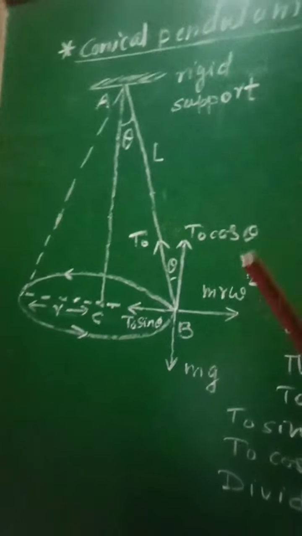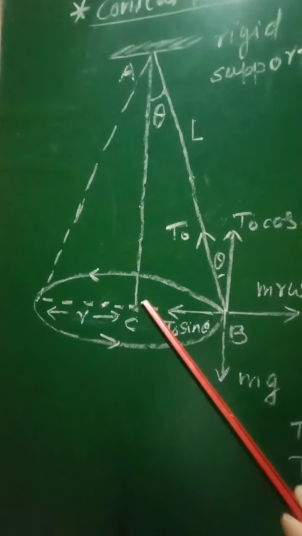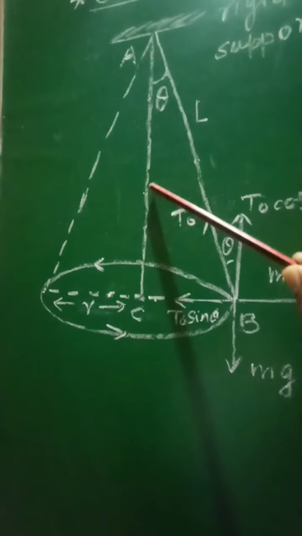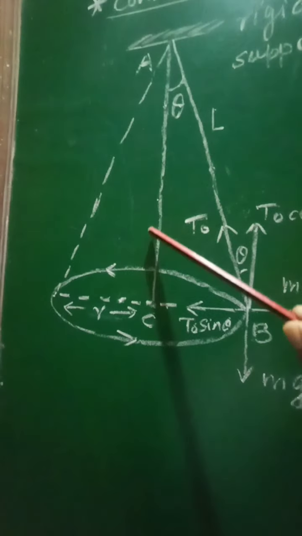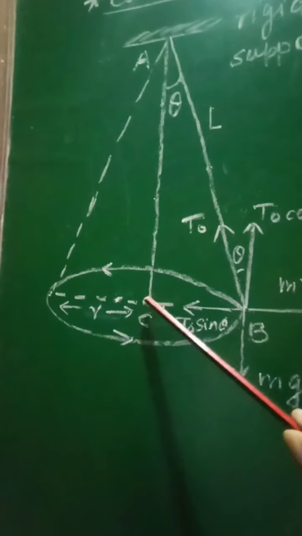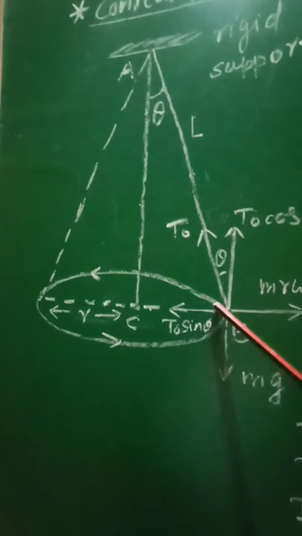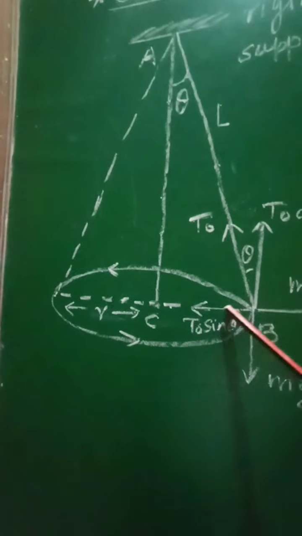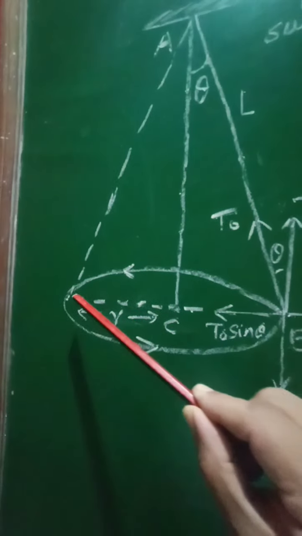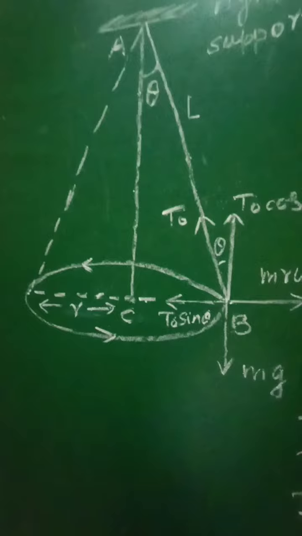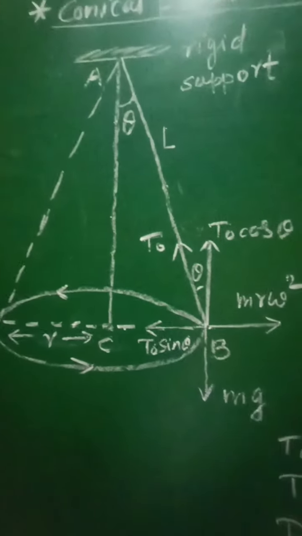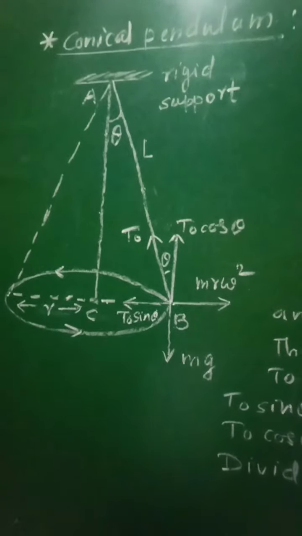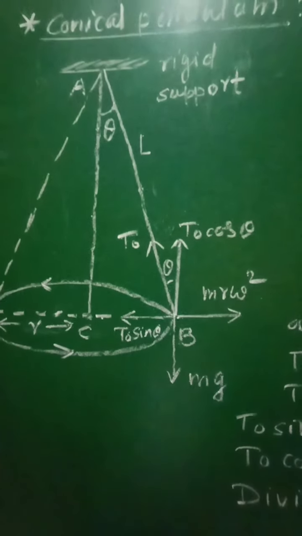That is, if this tiny mass called as bob is carried by this string, then it will act as a pendulum. And if this mass oscillates between these two extreme positions, then this pendulum will act as the simple pendulum. Now we have to consider here the conical pendulum.